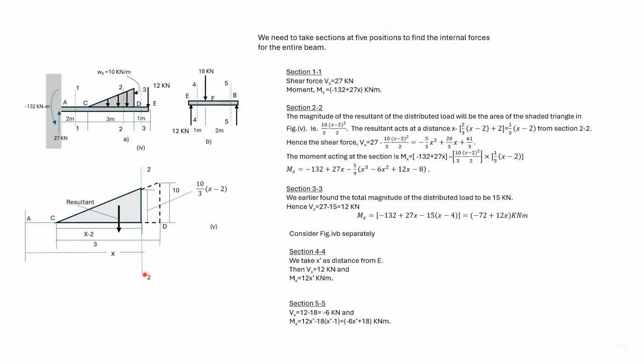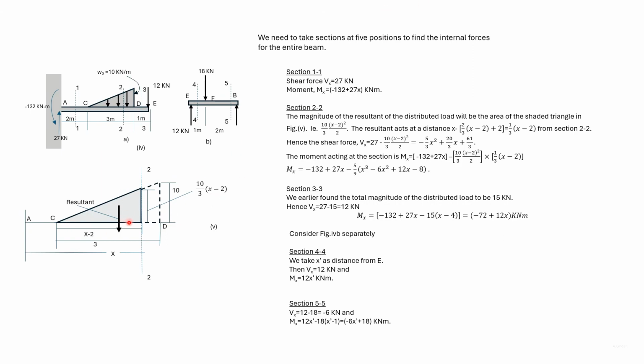Section 2-2 is at a distance x from A. Now AC is 2. So this distance is x minus 2. This means that this ordinate is 10 divided by 3 into x minus 2.